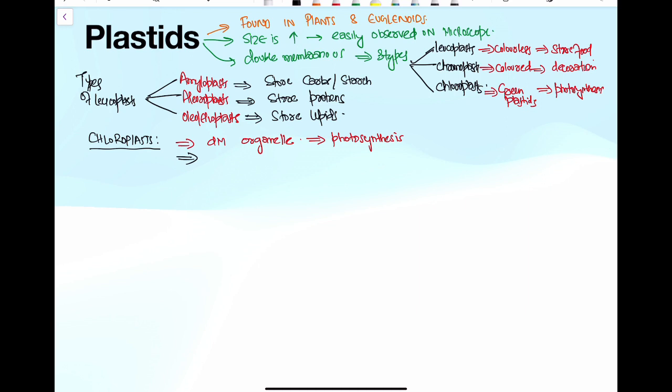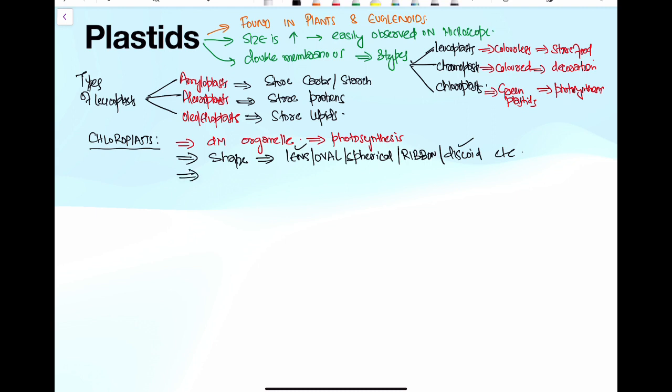They have varied shapes: lens shaped, oval, spherical, ribbon-like in some, or discoid. But in higher plants, they are usually lens shaped or discoid. These two shapes are common in higher plants.